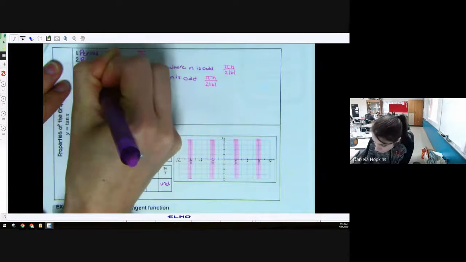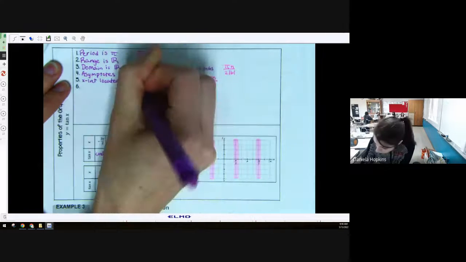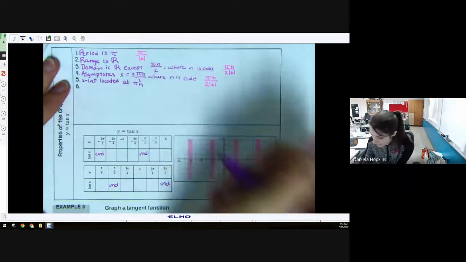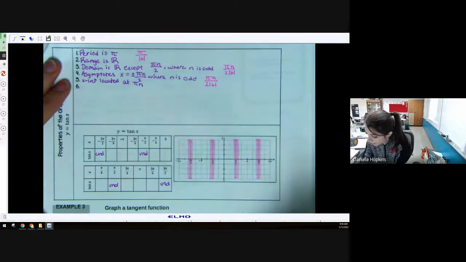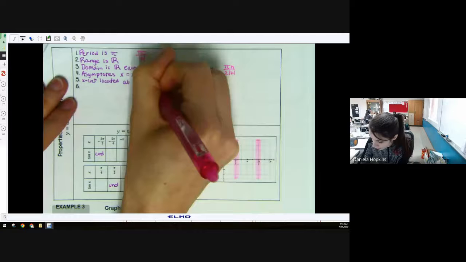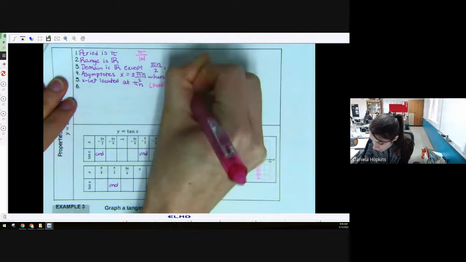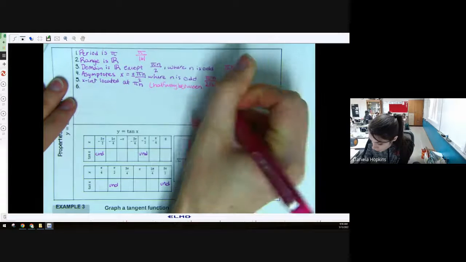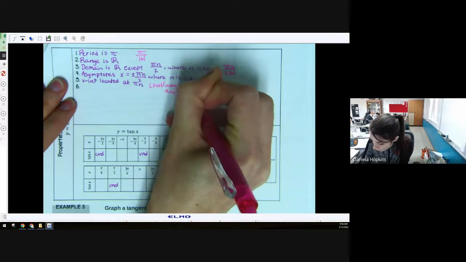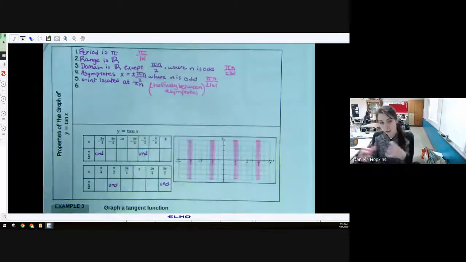These are going to be located, I don't know why I wrote located at pi times n. But in general, just think of them as halfway between asymptotes. I'm running into myself here. Sorry, I really wanted to squeeze these notes into 3 pages.